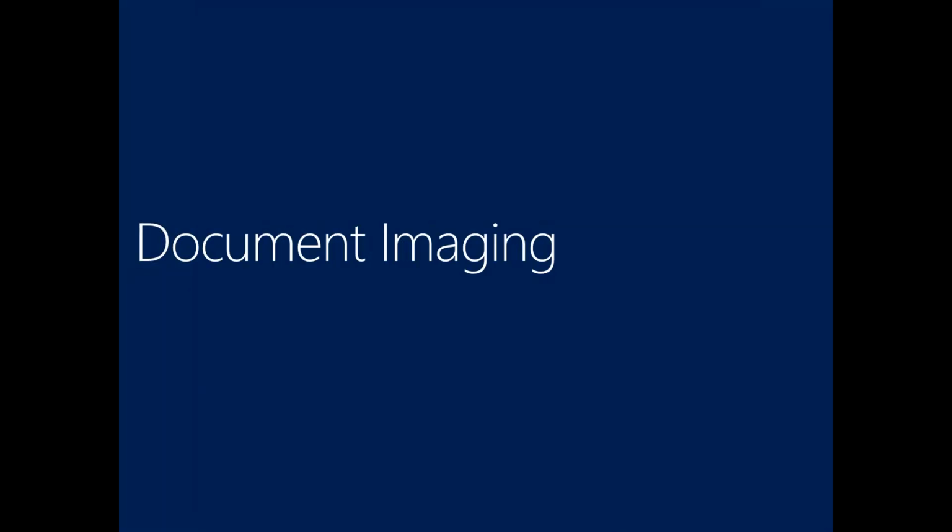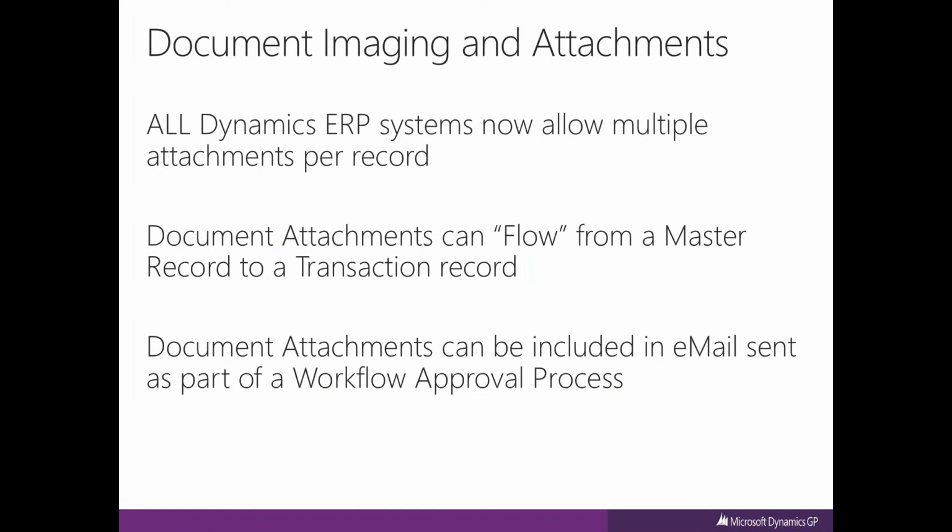Document imaging real quickly. This is now available across all of our ERP systems. On the GP system, it's going to be done with a local setup. The document attachments have a flow concept with them. What I mean by that is I can create at the master record level a series of attachments that relate to a specific vendor, and then indicate that all of those attachments need to be flowed along with that master record information when I'm creating transactions or in a workflow process for that vendor.